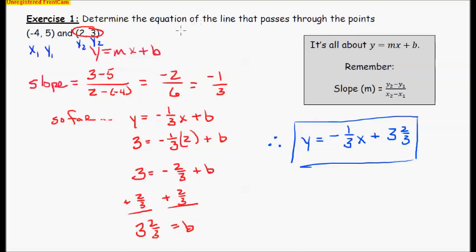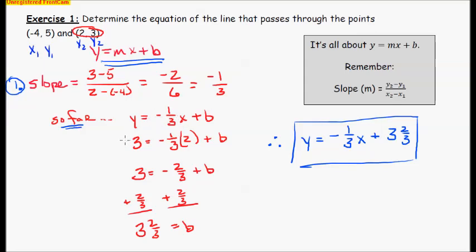So it's the same process every time. You start with your y equals mx plus b, and number one, you figure out your slope. How did I figure out my slope? I used my formula for slope, and I used the 2 points that they gave me. Then I wrote down, okay, so far I have this.